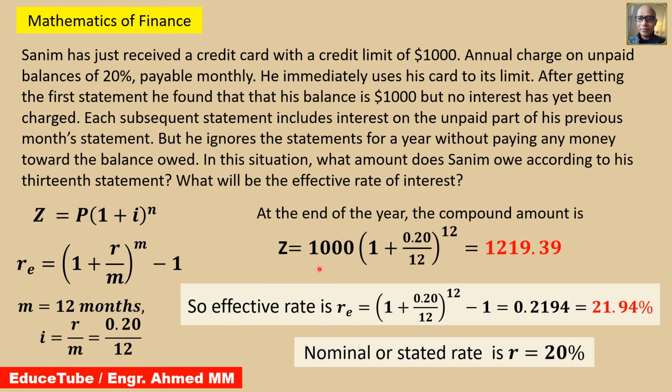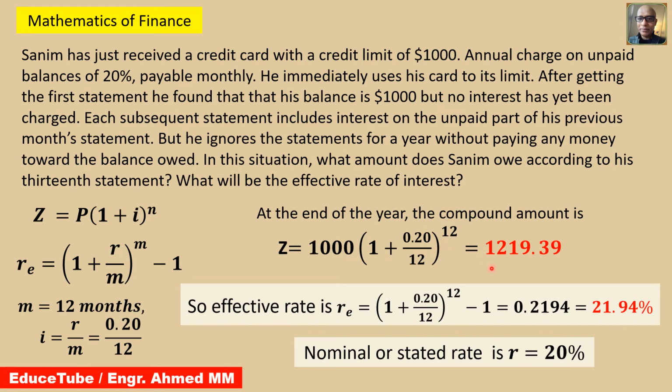Principal is 1,000, 1 plus this I means we can use R by M. So 0.2, it is 20%, 0.2 divided by 12, and this N value will be the same as M equal to 12 because here it is for 1 year. 1 year and per year 12 periods. So here it will be 12.